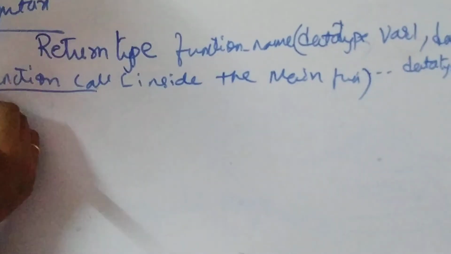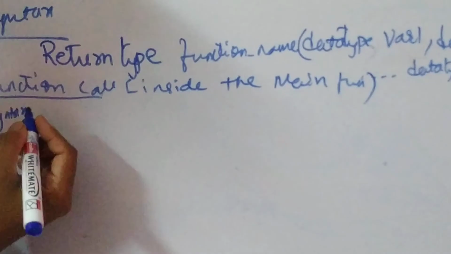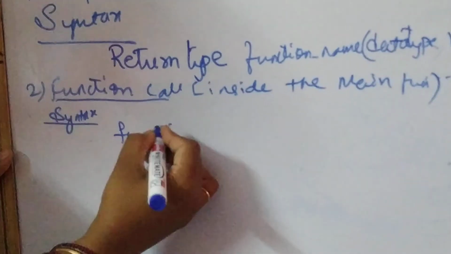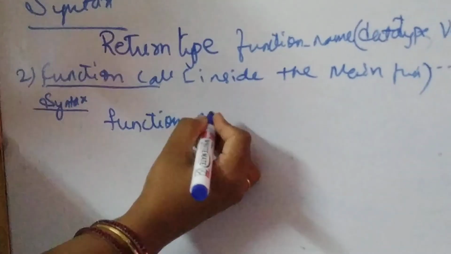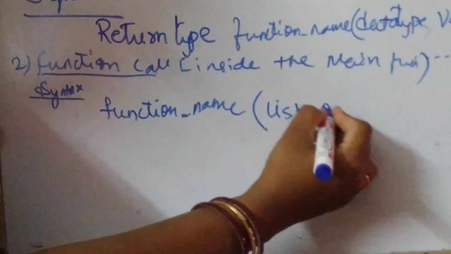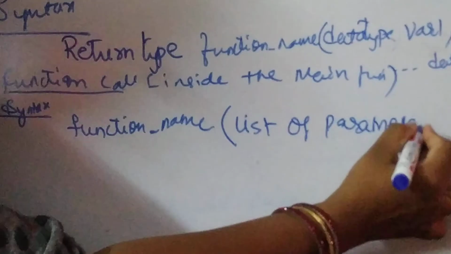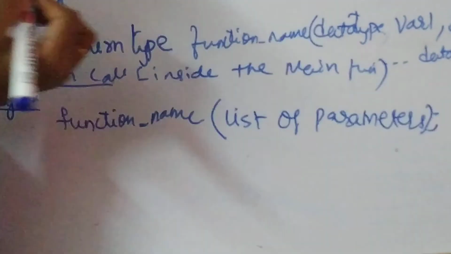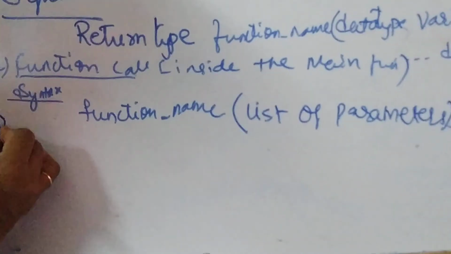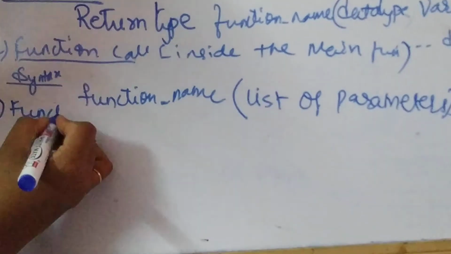Again the syntax for the function call: function name and list of parameters. Next, the third one is function definition.